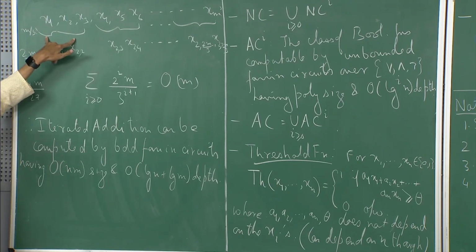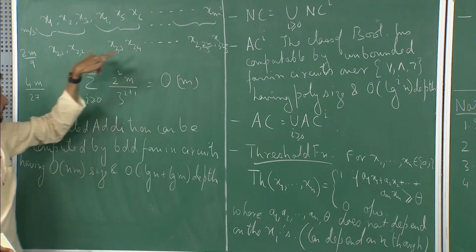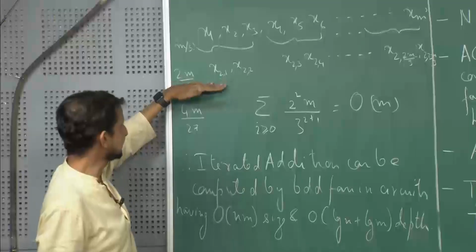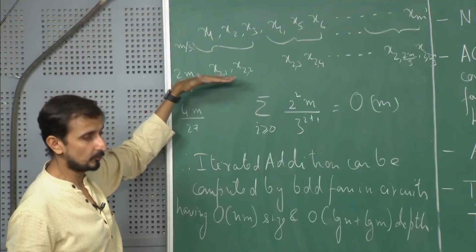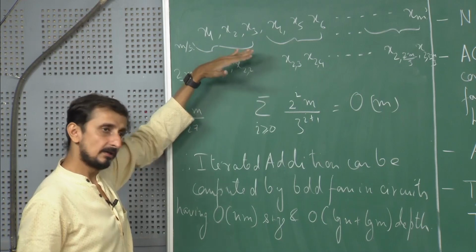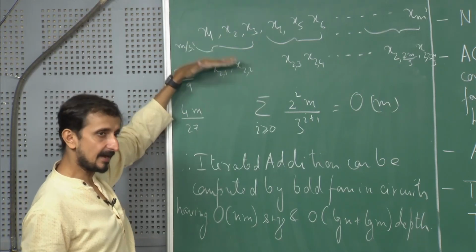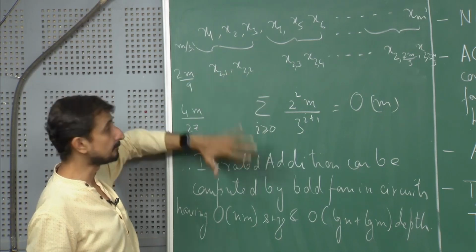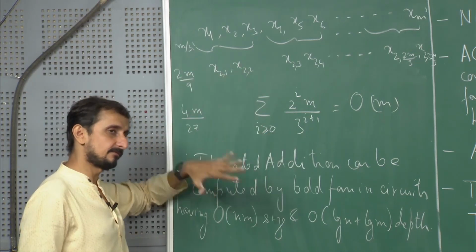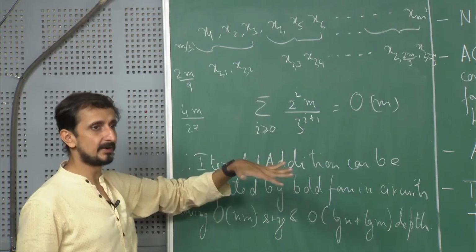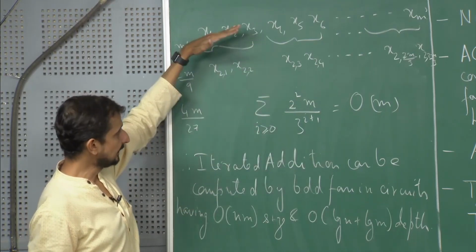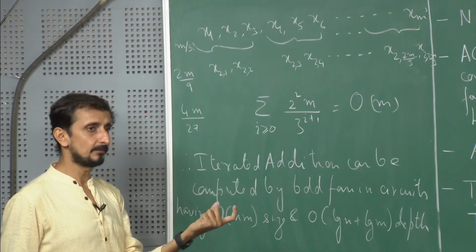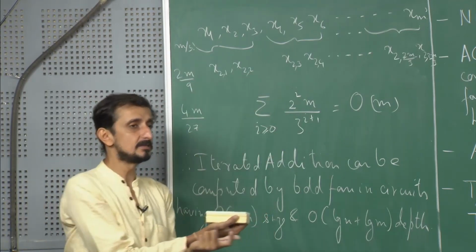So, you club them into groups of 3, and initially you have a total of m many numbers, then in the next level you have 2m by 3 numbers. So, this is basically coming down one level, and now you keep on doing this. In the next level you will have 4m by 9, then you will have 8m by 27 and so on. You keep on doing this until you have just 2 numbers left, and the number of levels you need is order log m.